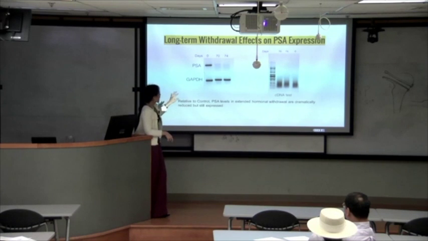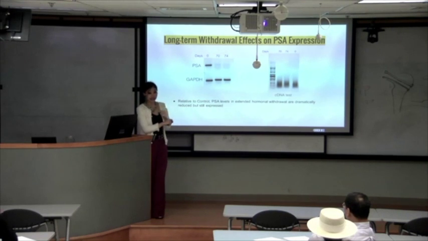We also looked at the PSA mRNA levels, and day 0, day 70, and day 74 are depicted here, PSA, and then GAPDH as the internal control. And with the GAPDH levels comparable, we see a dramatic decrease in the levels of PSA mRNA from day 0 to 70 and 74. But we can see that it's still able to be expressed.